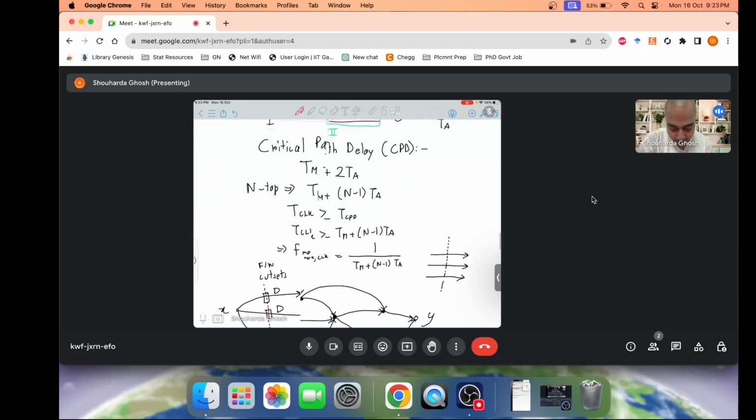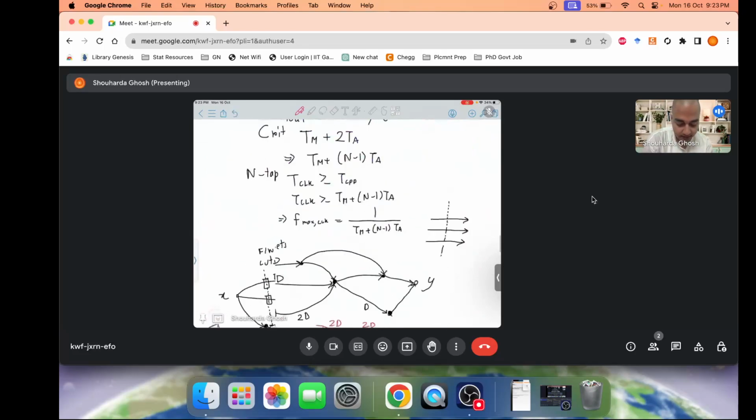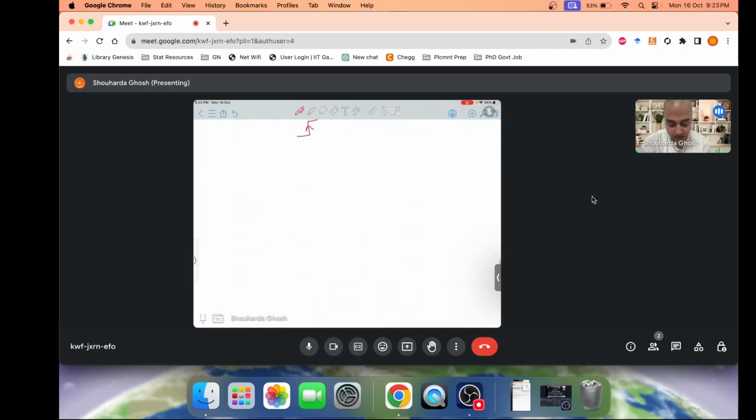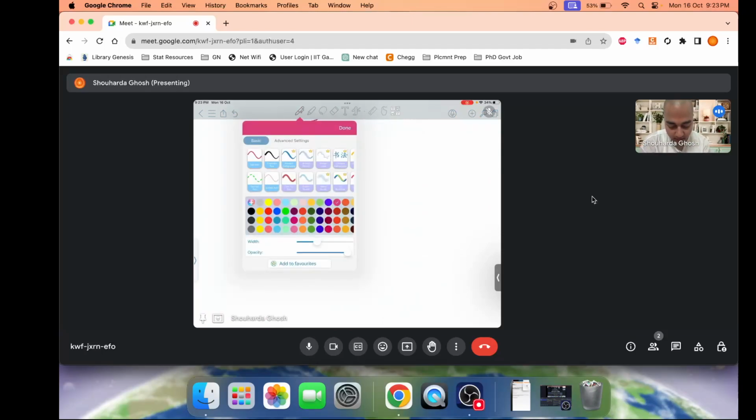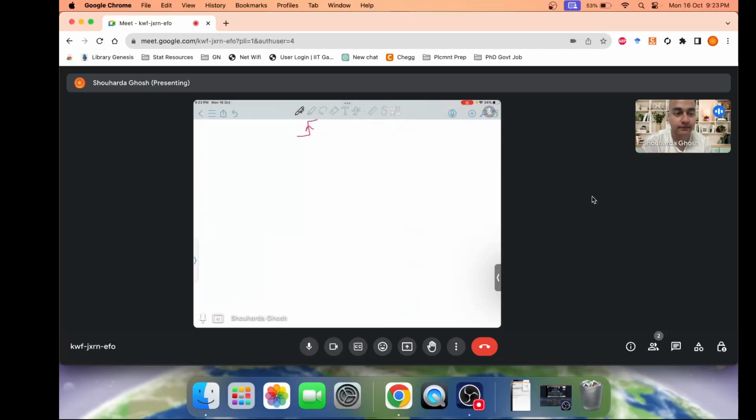So that was feed forward pipelining, and now I'll talk about the last concept for today, because I'm focusing a bit on solving problems: the transposition theorem. So what does it say?